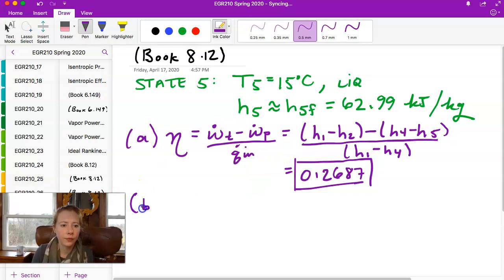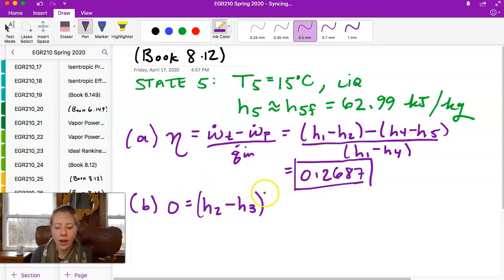For B, we have steady state because we're dealing with flow through the condenser. And so we have 0 is equal to H2 minus H3. So that's through the condenser, and the heat is being transferred to the cool water, which would be H5 minus H6.